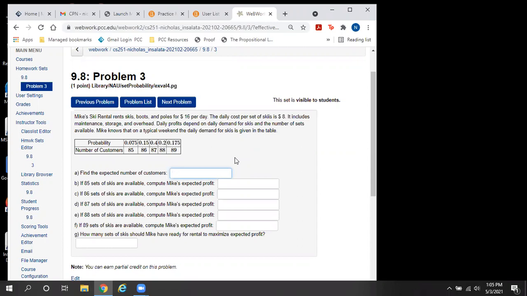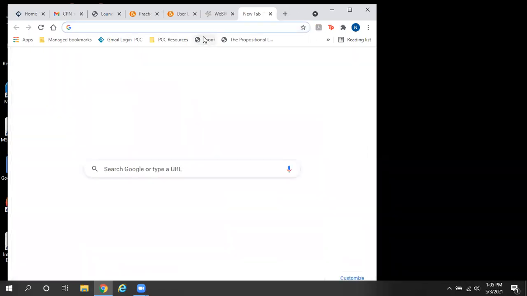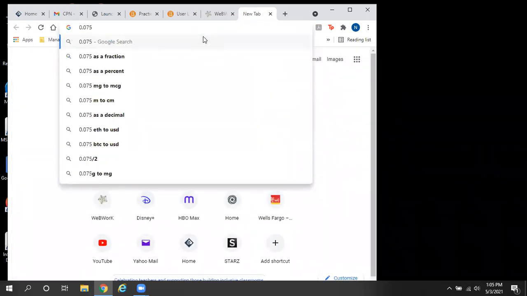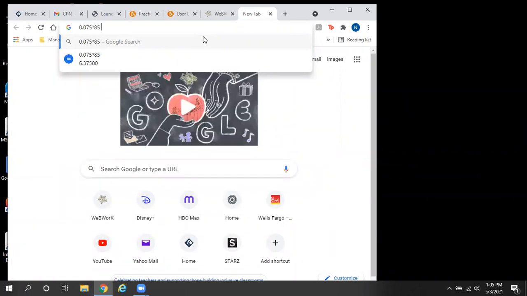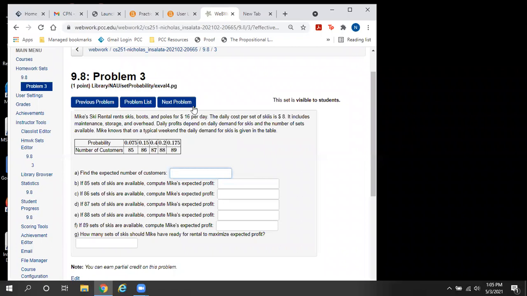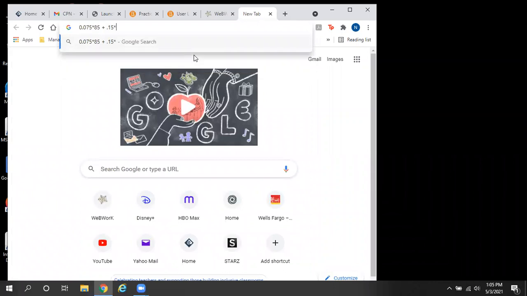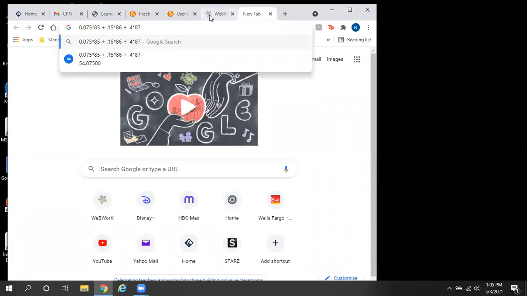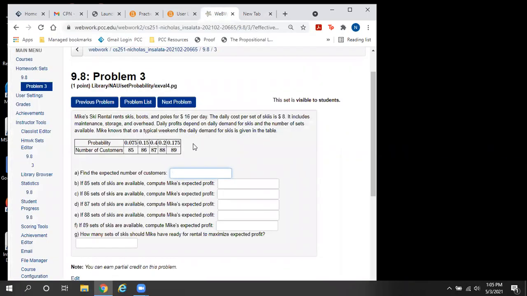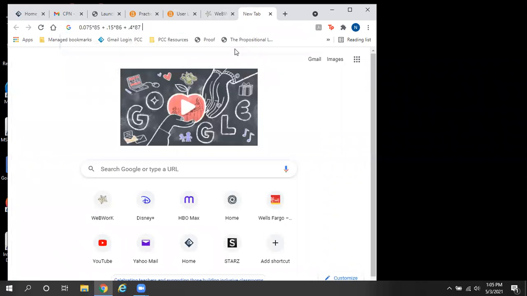Okay, so David, that's right. Yep, you multiply the probability times the number of customers and add them up for each category, right? So, okay, we're going to have 0.075 times 85 plus, let's do a few more here, 1586, 487, one of the last two here, 2.2 times 88, 175 times 89.